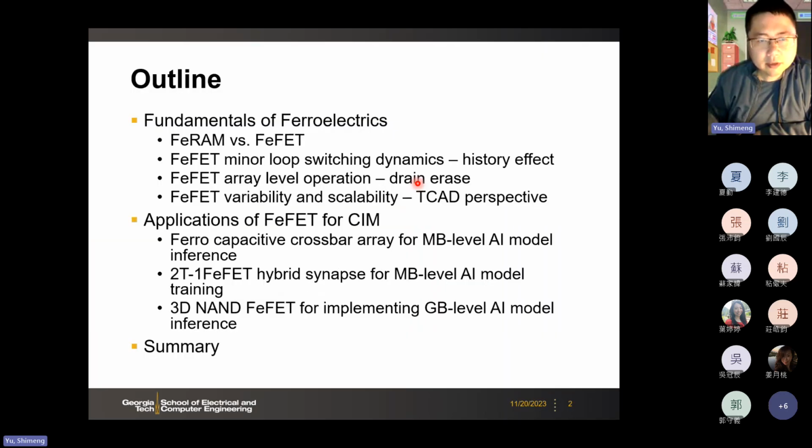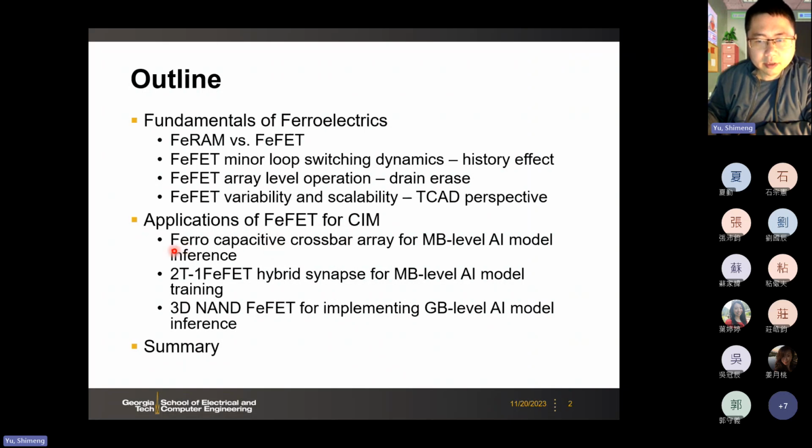This is the outline of today's presentation. First, I will go through some fundamentals of the ferroelectrics, and then we will talk about the device structure, and then some device physics, and then the device level operation, and the variability and scalability. After that, we will talk about the applications of the ferroelectric devices for computing memory.